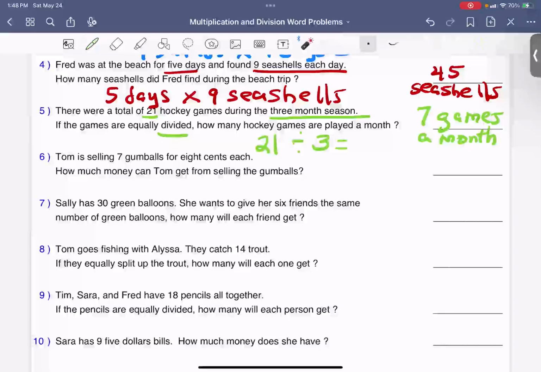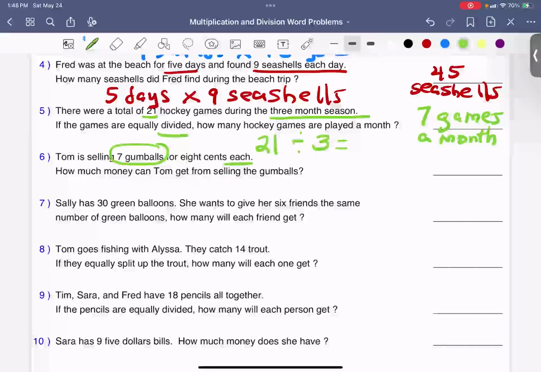Tom is selling 7 gumballs for 8 cents each. How much money can Tom get from selling the gumballs? So I see here he has 7 gumballs, and I see the word each. So immediately that's telling me they're counting, so I'm going to have to multiply.